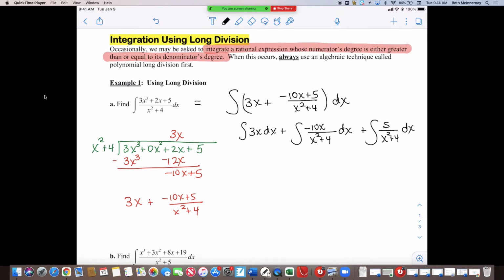The key part is what I have right here. Do you see that this is equivalent to the line above? That if I have negative 10x over a common denominator plus 5 over the common denominator, that is in fact negative 10x plus 5 over the common denominator.